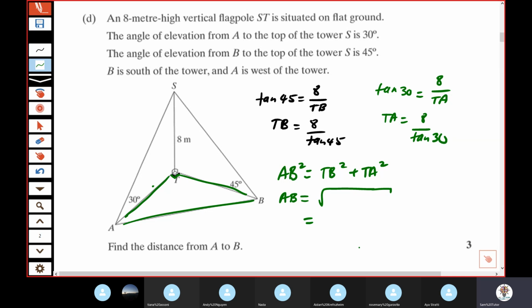I'll just get an answer out. 8 on tan 45 squared plus 8 on tan 30 squared. And that becomes 256. Square root it. Apparently the answer is 16.